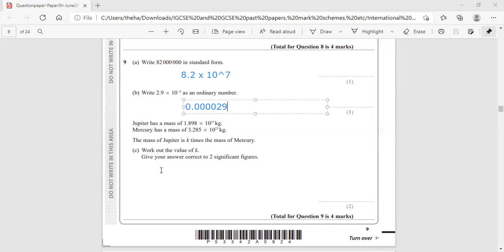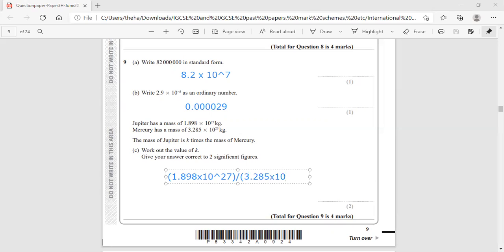So all you need to do is find out how many times Jupiter is bigger than Mercury. So what we need to do is just divide them by each other. So all we can do is put them in brackets like this and into our calculator, and that will give us our answer. So you can put this into your calculator and see if you get the right thing.